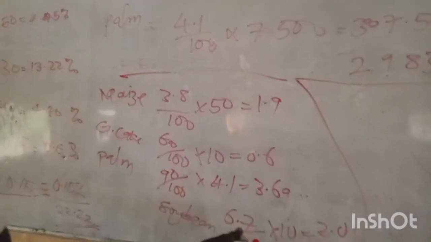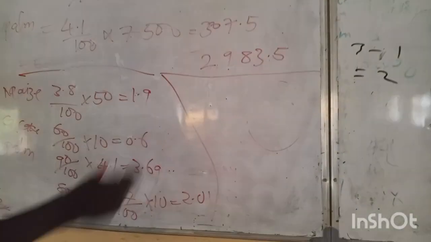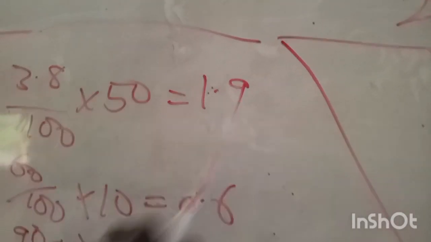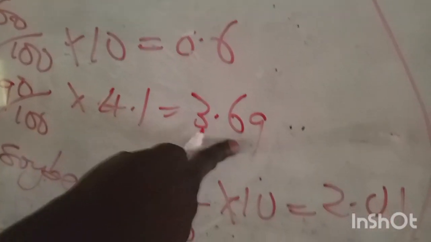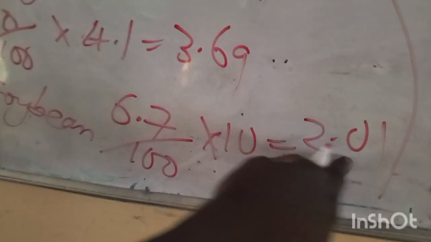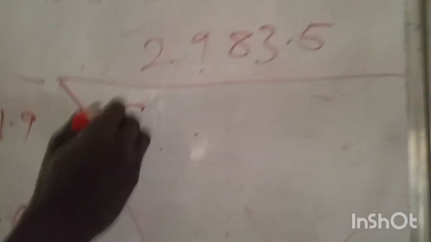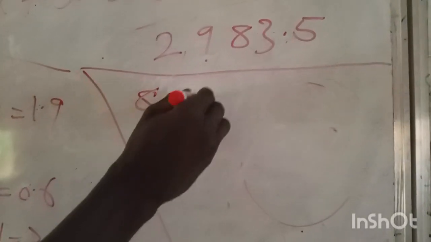if you add everything together here, we have 1.9 plus 0.6 plus 3.69 plus 2.01. If you check, the total answer is going to be 8.2%.